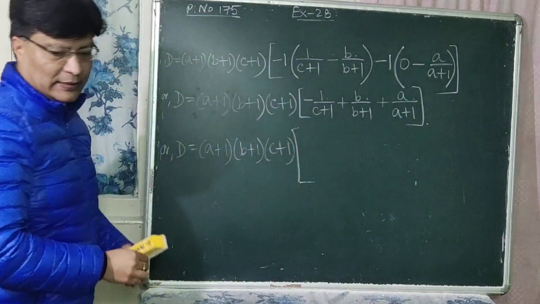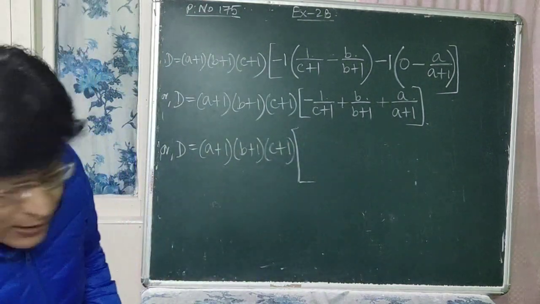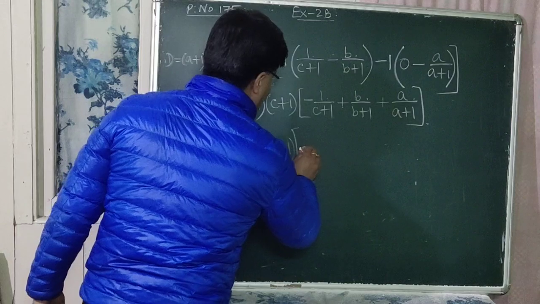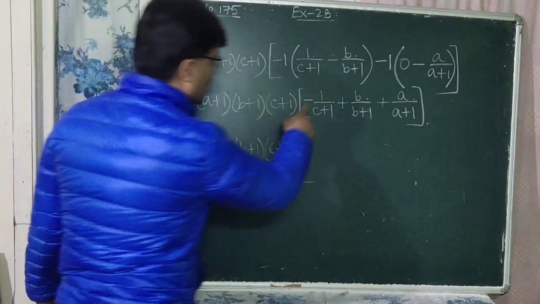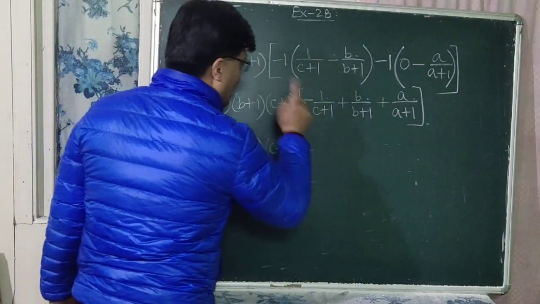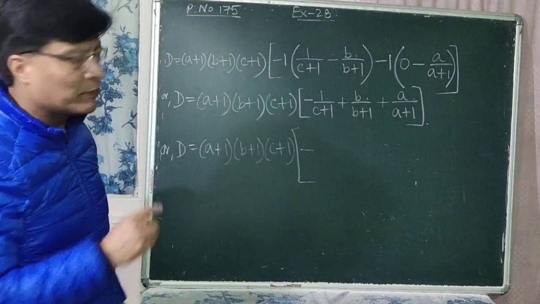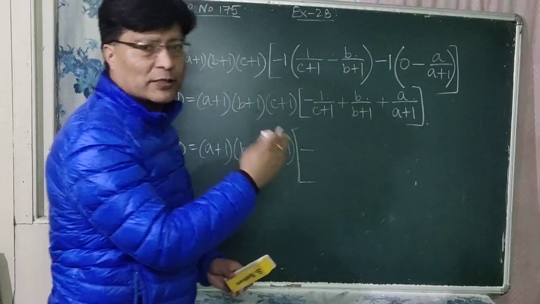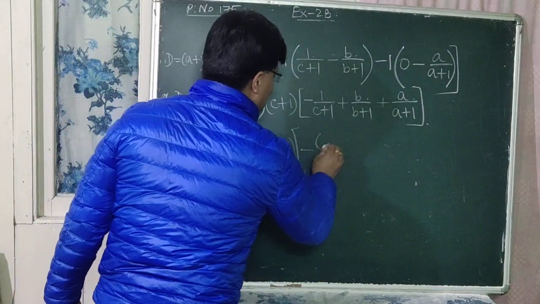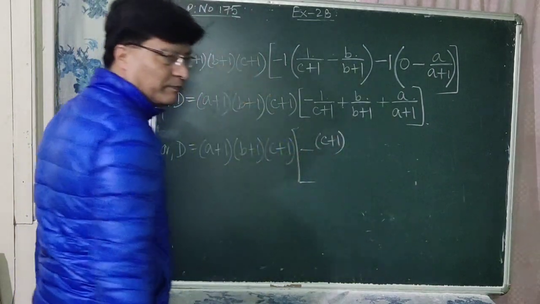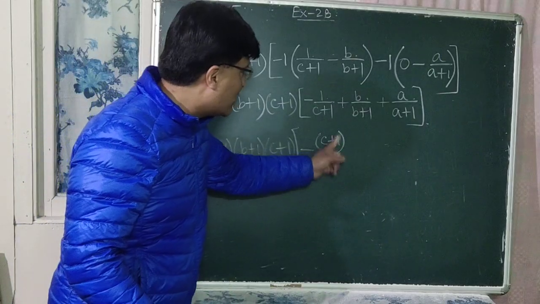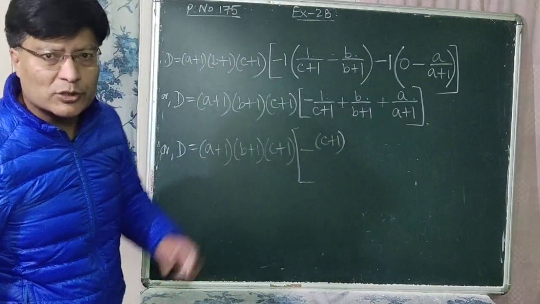So within the third bracket, how will you simplify it now? You write the minus sign because the minus sign is there. So instead of 1, what will you write? Whatever is there in the denominator, you write down that expression in the numerator. That is c plus 1. But is there c plus 1 in the numerator here? No, there is only 1.